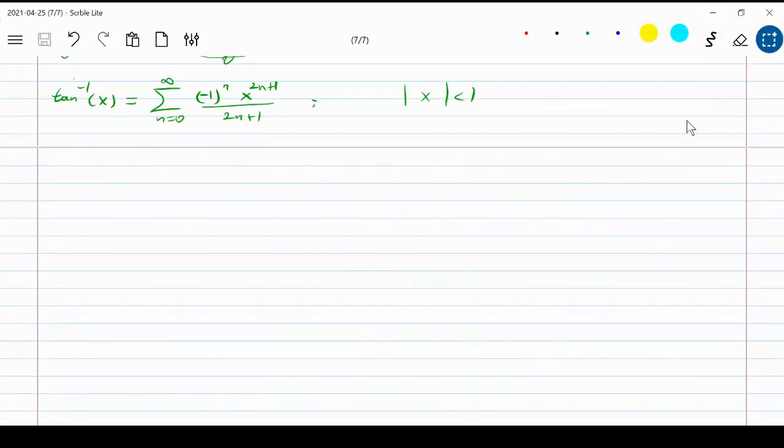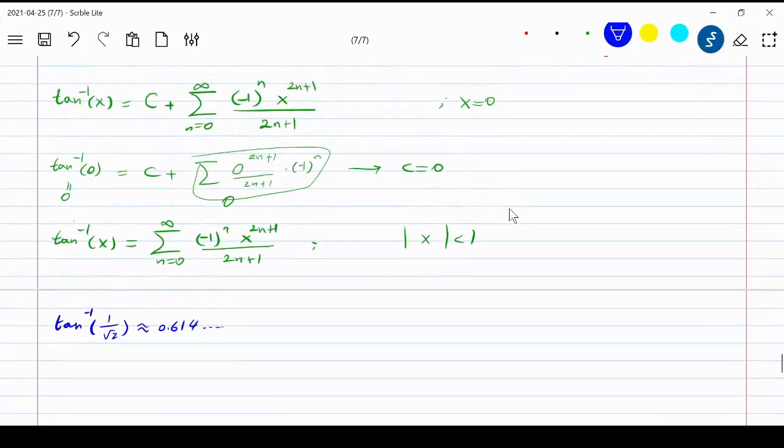Okay, so now what do we need? We need to figure out what is tan inverse of 1 over root 2 approximately. Turns out if you use your calculator, by the way, this number is around 0.614 or something, I believe.